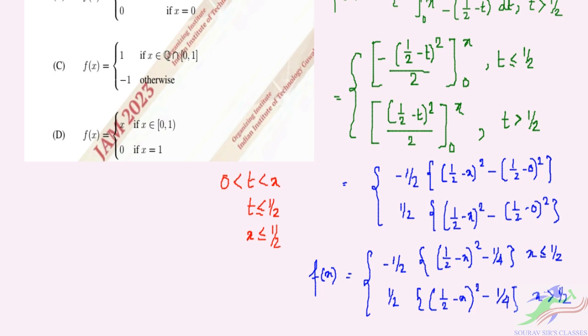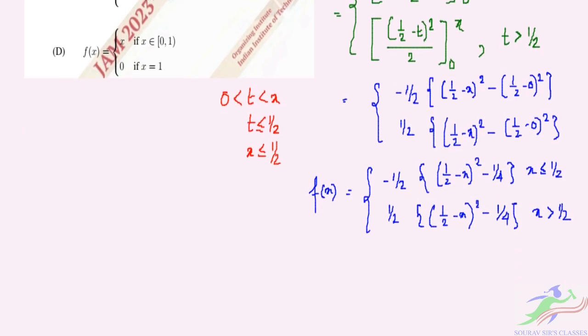Okay. Now we have to see in these two pieces, at half, if there is any point of discontinuity. To find whether it is continuous, we first find at x equal to half the left hand limit, limit x tends to half minus.